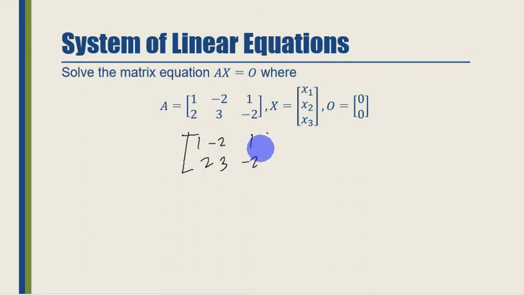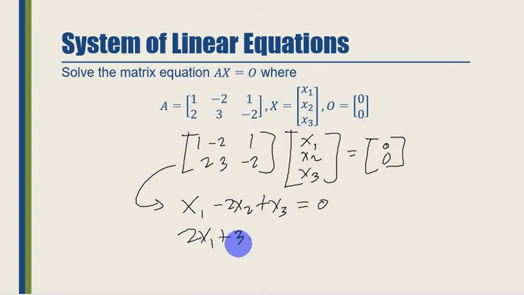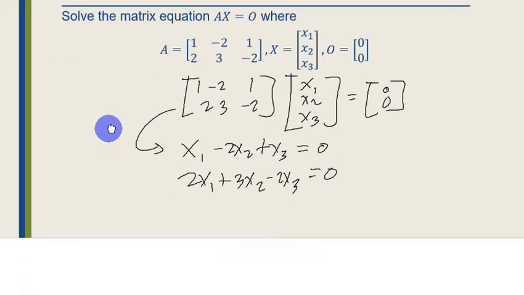Then 2, 3, negative 2, multiplied by x sub 1, x sub 2, x sub 3 is equal to this matrix, which in turn is a representation of the system of linear equations x sub 1 minus 2x sub 2 plus x sub 3 equals 0, because we multiplied that, and then multiplying it again, I'm going to have 2x sub 1 plus 3x sub 2 minus 2x sub 3 equals 0. So now we have a homogeneous system of two equations in three variables. So then we can now solve it as how we solve our systems of equations.